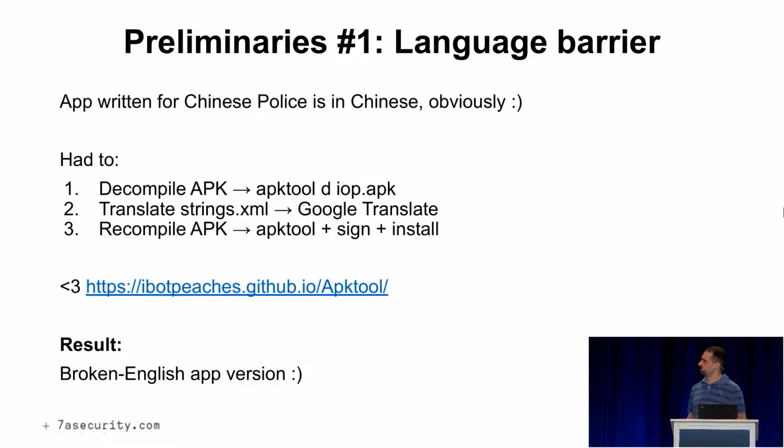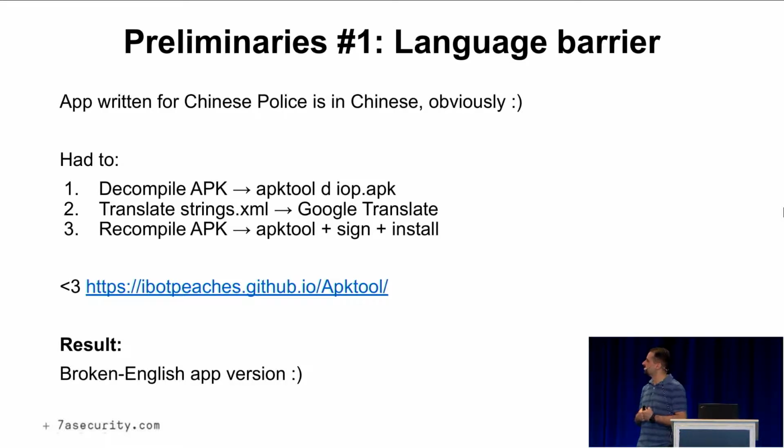So the first problem, and we had this with Smart Sheriff as well. Smart Sheriff was in Korea, so it was all in Korean, and we had to translate it. So this was the same thing. With APK tool, just decompile, then look for strings XML, Google Translate it, and then with APK tool again, you just build the APK back, sign and install. Love APK tool.